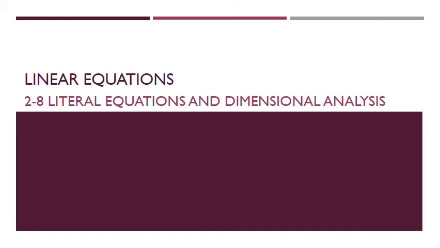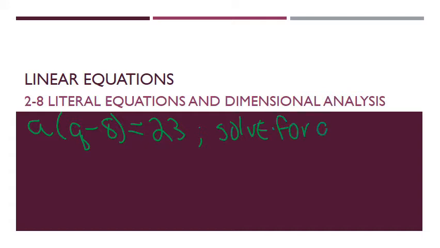Now we've got a little bit of a different wrinkle here. We've got a times q minus 8 equals 23. Solve for q. All right, so now my q is inside the parentheses of this distributive property. So I can't just, like I did in the last example, divide 23 by q minus 8, because that's not allowing me to solve for q.